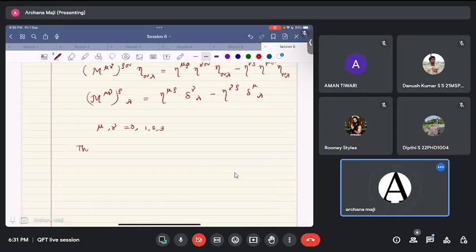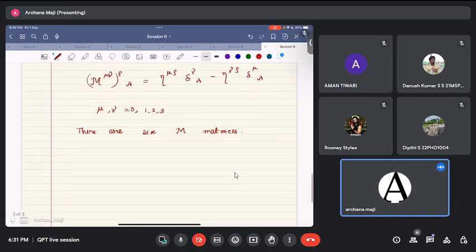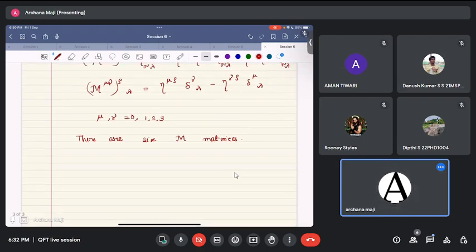There are 6 M matrices, and it turns out that these are the generators corresponding to the infinitesimal Lorentz transformation. How? Let's illustrate that.